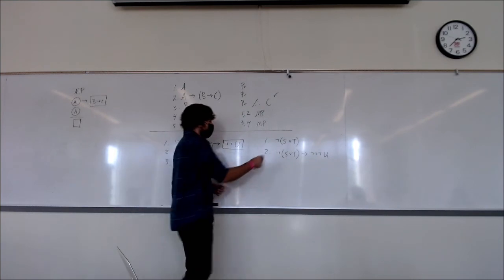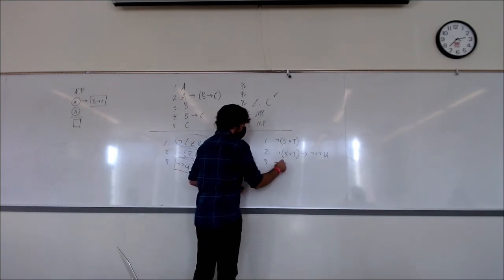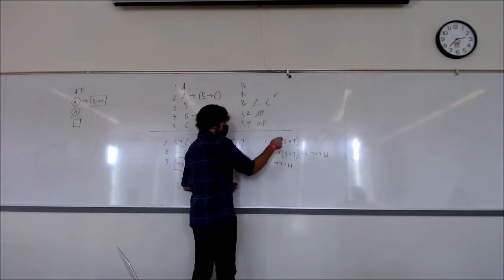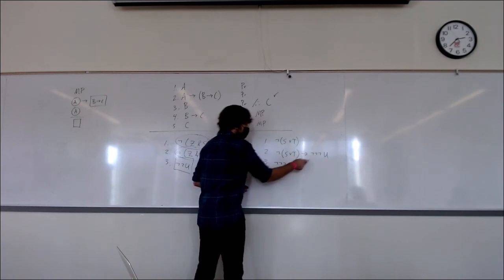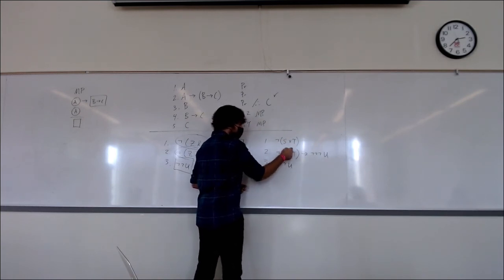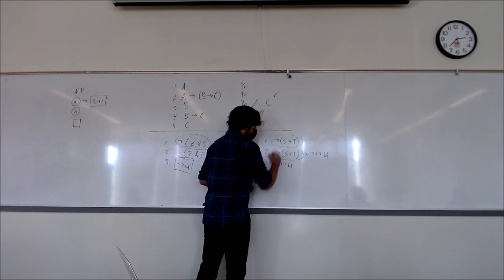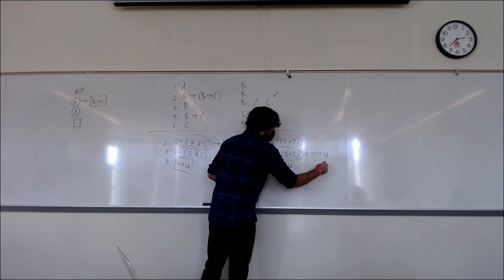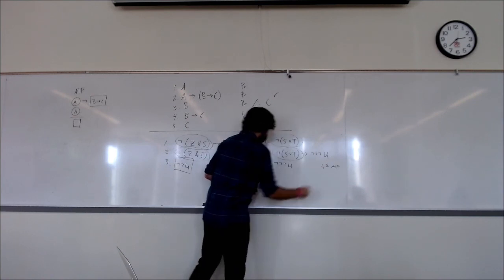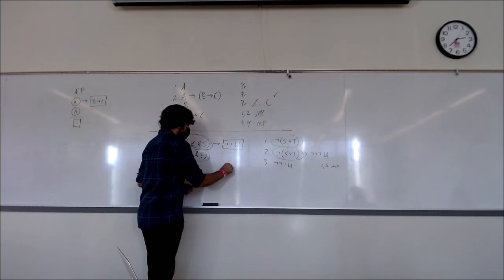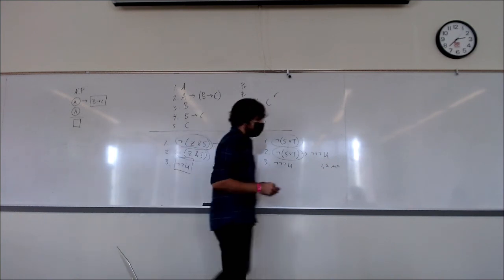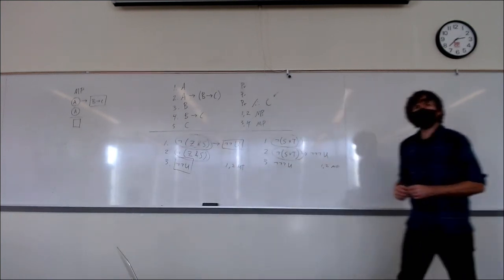Line 3, you can derive not U, because this is circle, arrow, square, and circle. See that? And so that's square, and so you have 1, 2, and MP. Just like here would be 1, 2, and MP. These are just different variations.